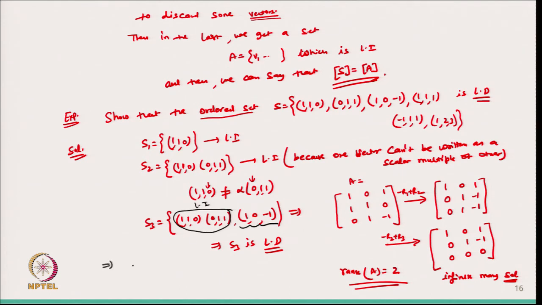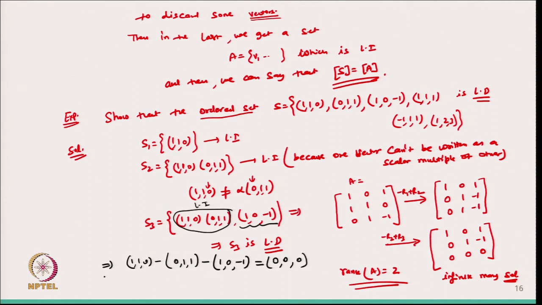Now, from here I just check 1 1 0 minus 0 1 1 minus 1 0 minus 1. So, 1 minus 1 0, 1 minus 1 0, and minus 1 and plus 1, that is also 0.